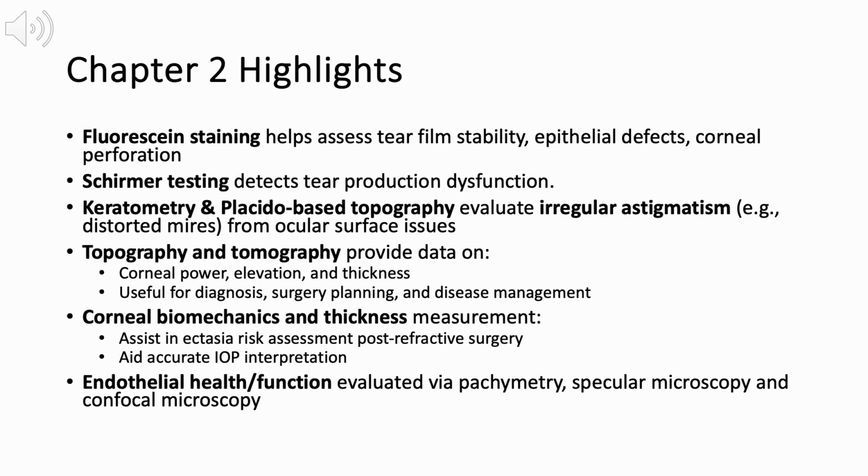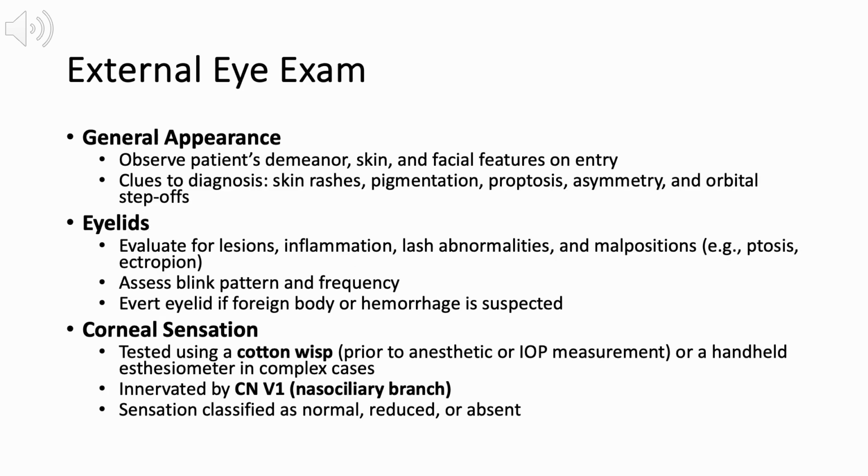and guiding clinical decisions. The external eye exam begins with assessing the patient's general appearance upon entry. Observations of demeanor, skin condition, and facial symmetry can reveal diagnostic clues, including rashes, pigmentation, proptosis, asymmetry, or orbital step-offs.